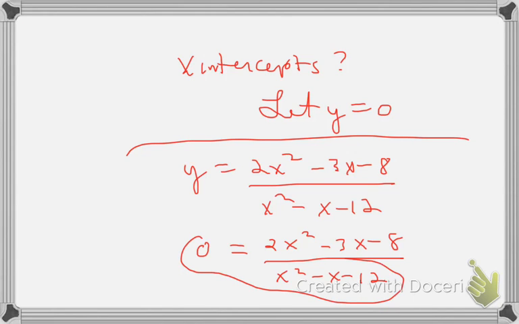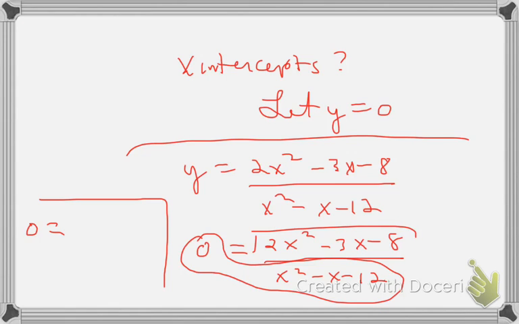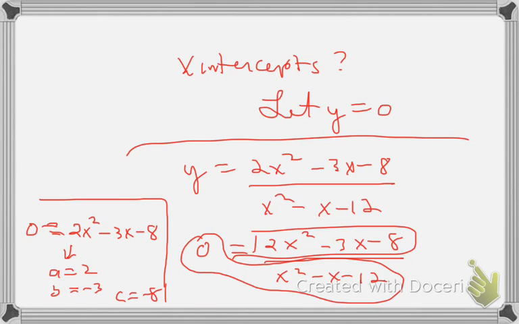But when you cross multiply that, anything times 0 is 0. So you really end up interested in where 0 equals the numerator here, 2x squared minus 3x minus 8. Now, if you luck out, that factors, but I would just identify that A is 2, B is negative 3, and C is negative 8. And I would just start plugging and chugging into the quadratic formula.